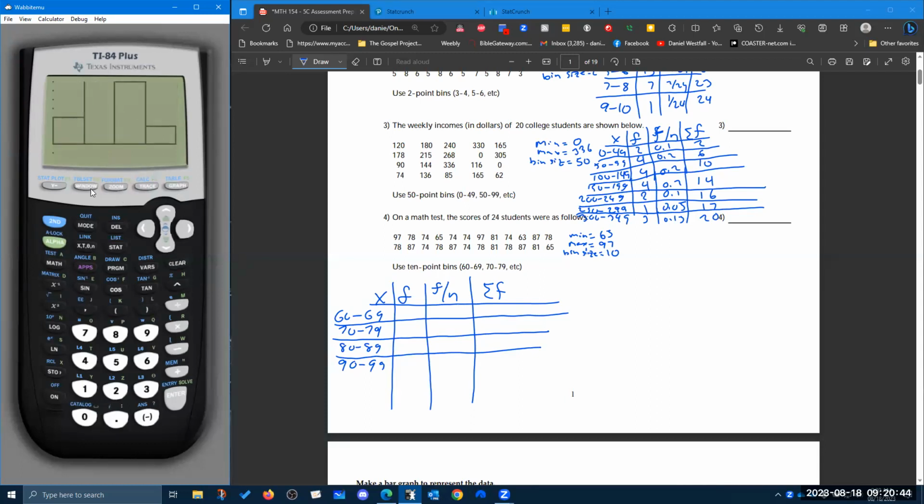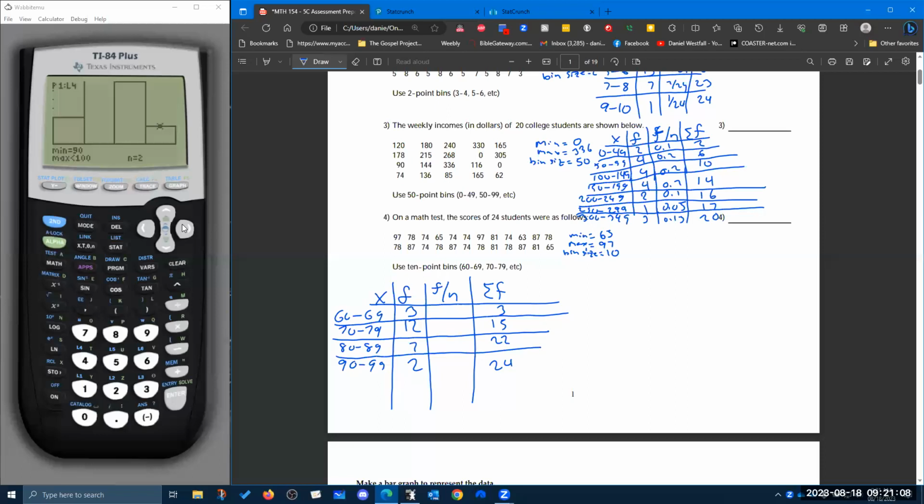I'm going to graph and then trace. And there's going to be 3, 12, 7, and 2. This is 3, 15, 22, and 24.